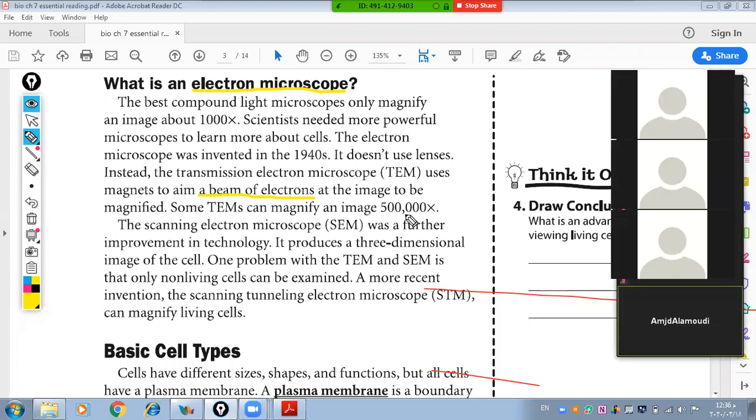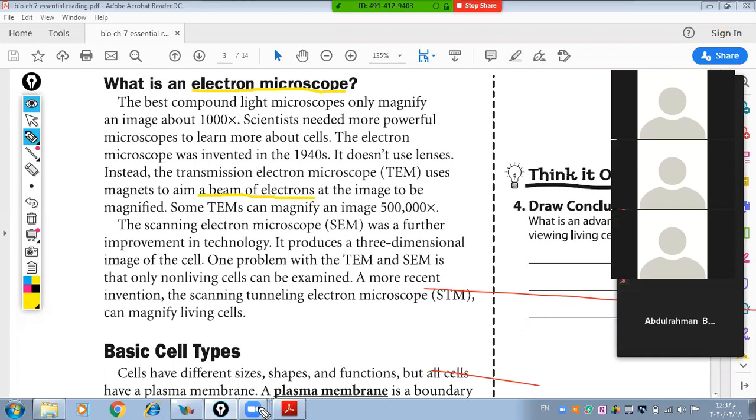Okay. So what is another difference? A compound light microscope uses what? What type of lens?